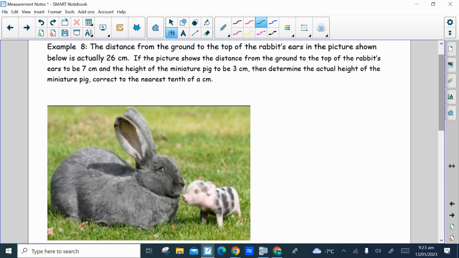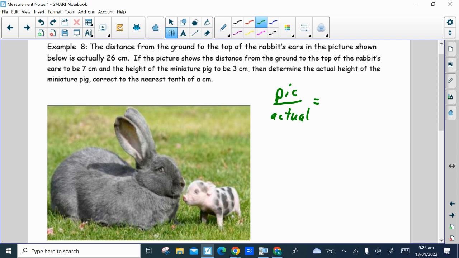So we're going to use a ratio for this like we did on the last lesson. I'm going to choose to do the order picture over actual. I could switch them around, it doesn't matter. I just decided that this is the order I'm going to put my ratios in.